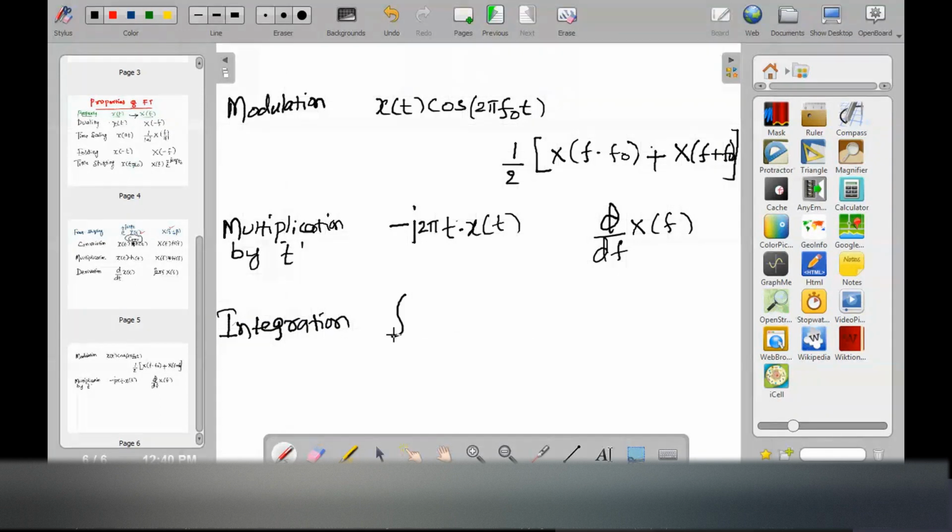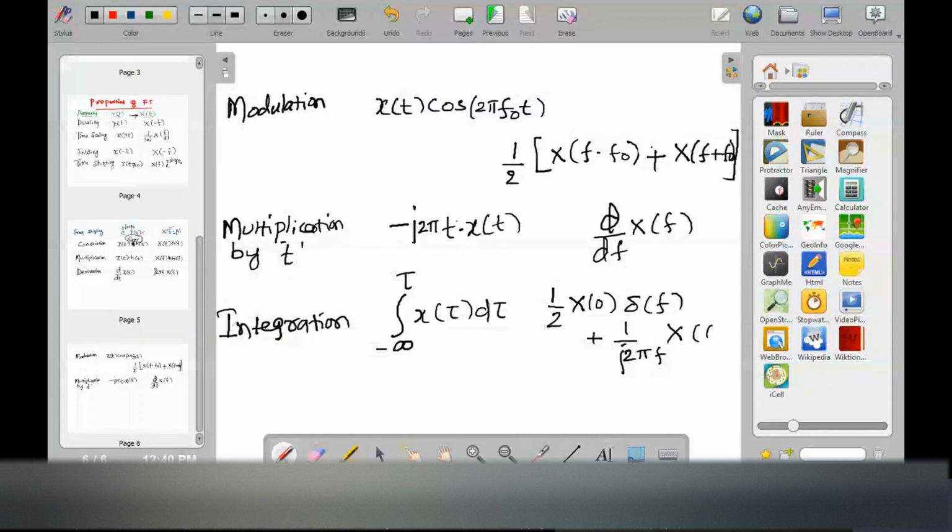That means if I integrate the signal x of tau from minus infinity to t with respect to tau, then in the frequency domain it is going to be half X of 0 delta of f plus 1 by j 2 pi f into X of f. So this is the same thing.